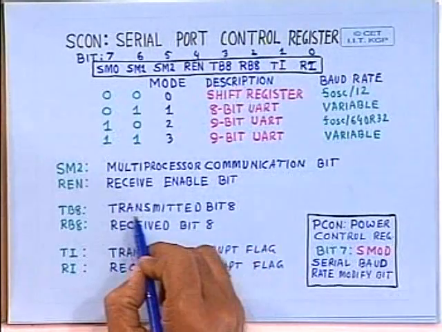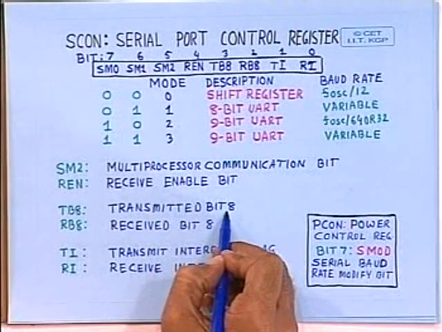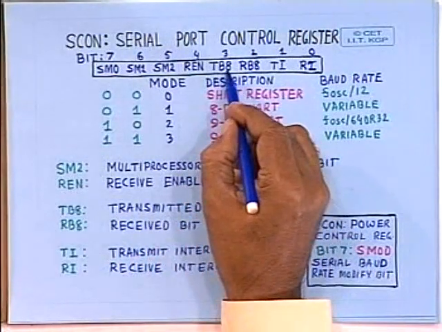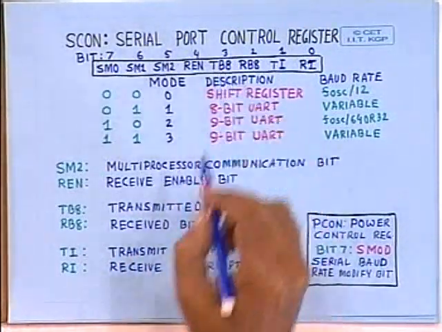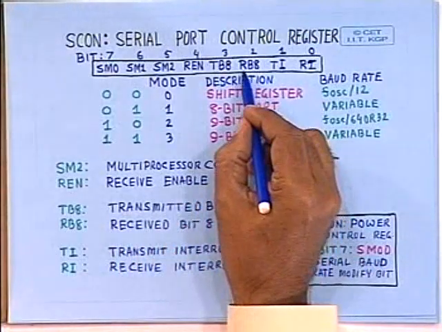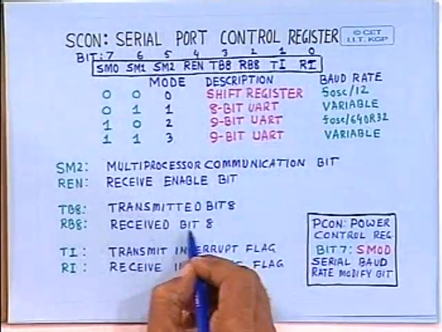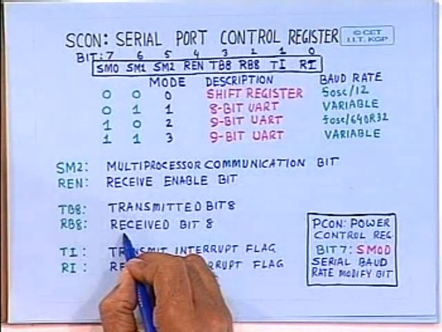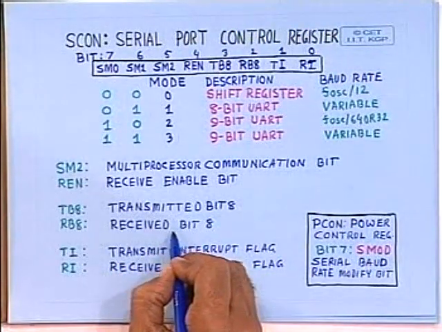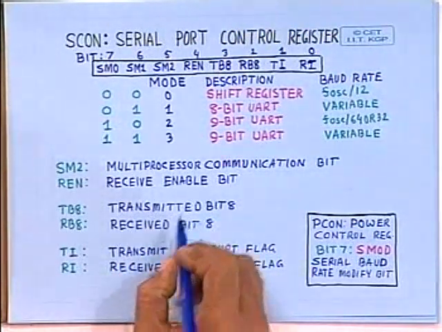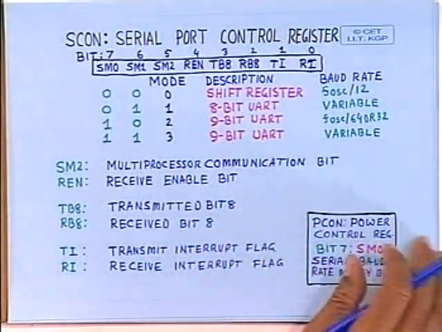Later on we shall see how this bit can be used for communication in master-slave mode. Bit 8 which is stored here is transmitted as the 8th bit, and similarly RB8 is the 8th bit that is received while receiving data through the serial port, and it goes to this RB8 bit.